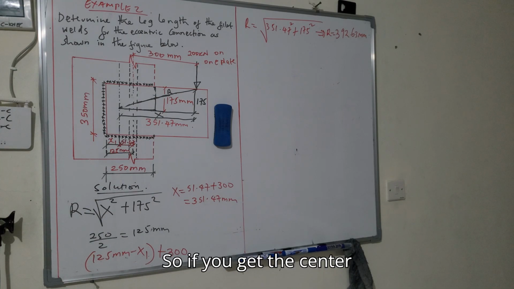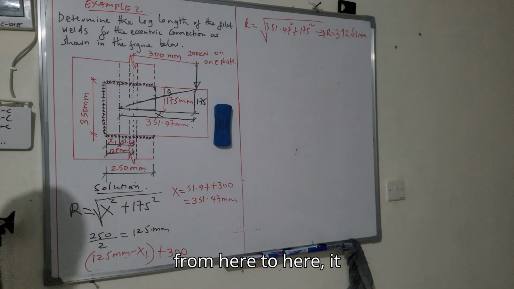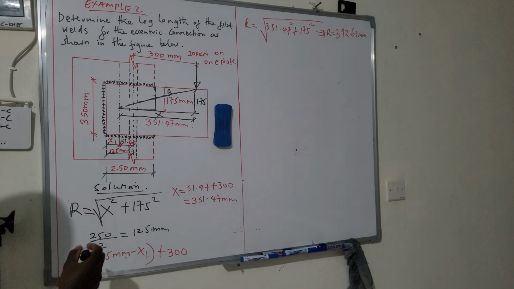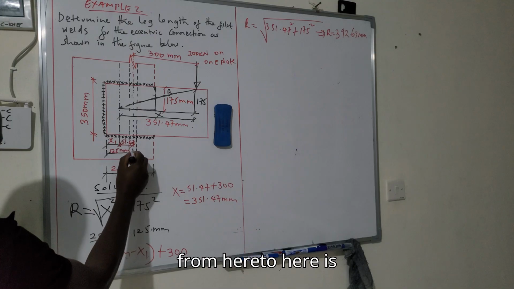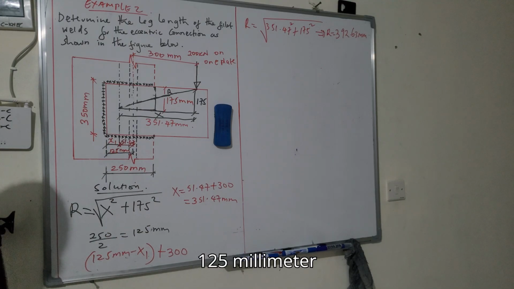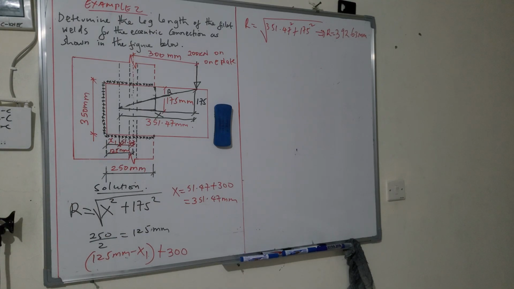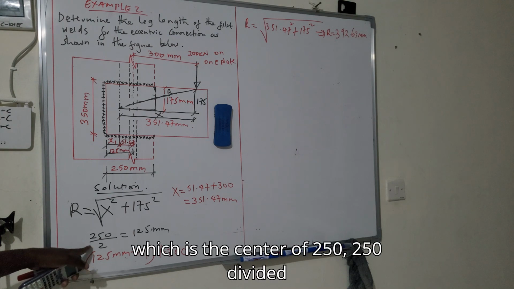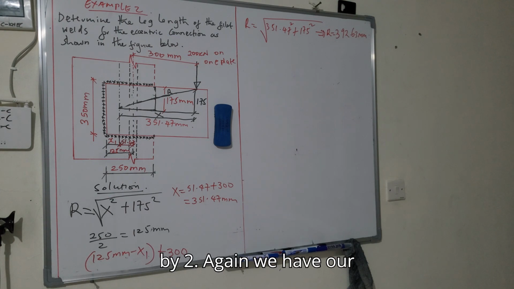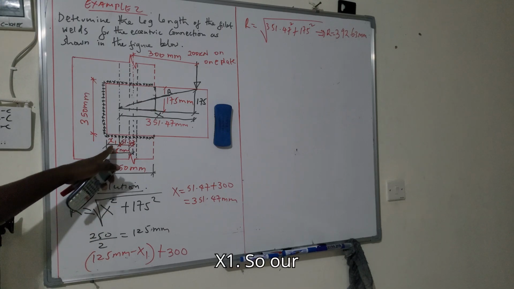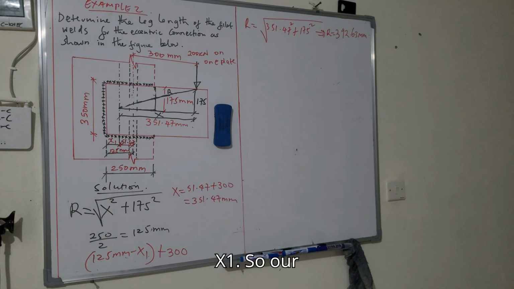So from here to here is 125 millimeter, which is the center of 250. Again, we have our x1. So our x1 is 73 point something. We have already calculated our x1.